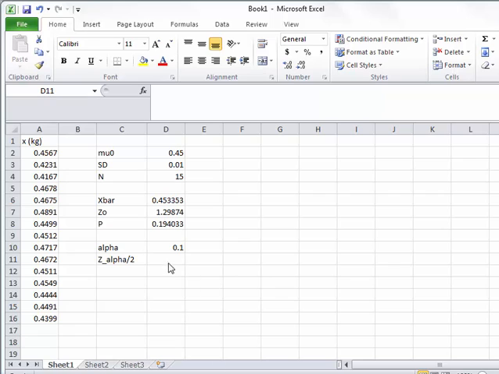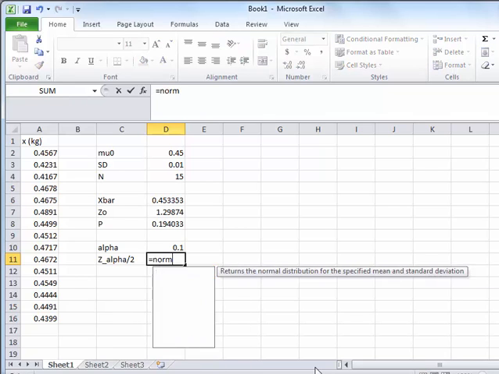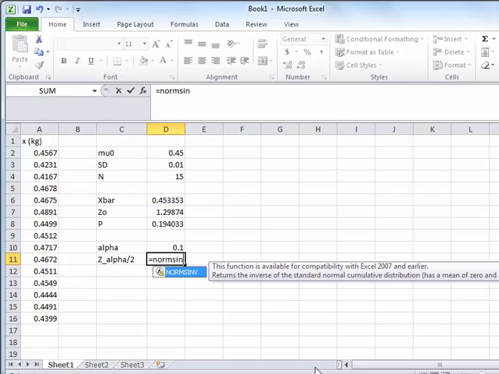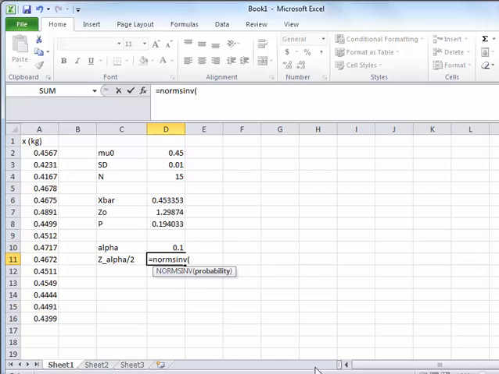So in our case, to calculate that z-value for alpha over 2, we need to use the NORM.S.INV function, because we're trying to get a z-value. And our probability, because it is based off of this alpha, is going to be 1 minus, in our case, alpha over 2.